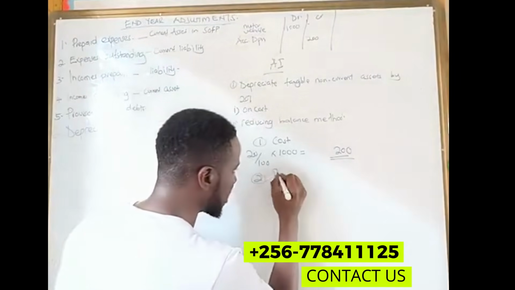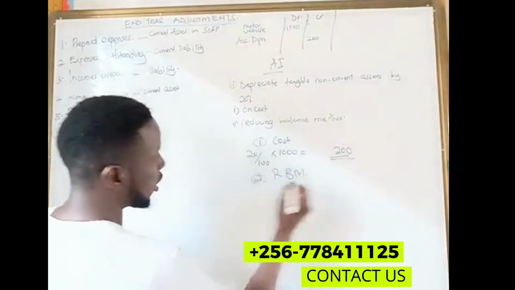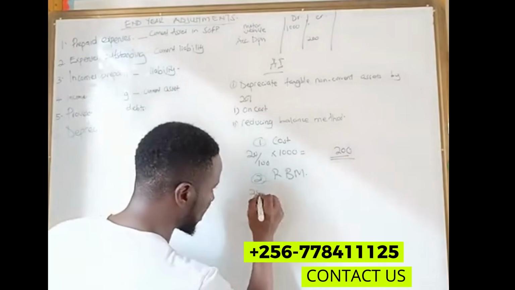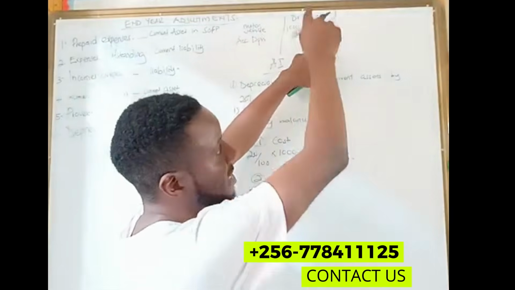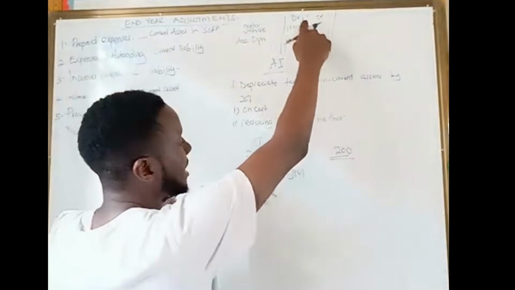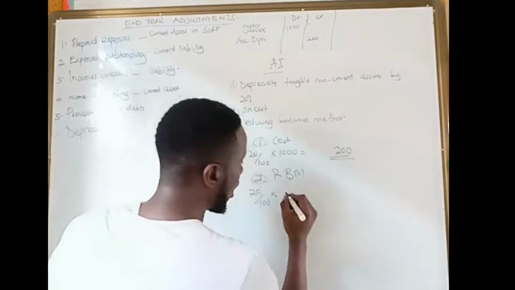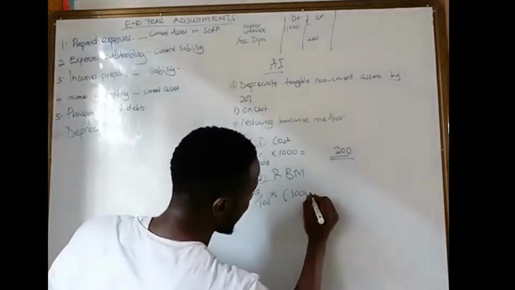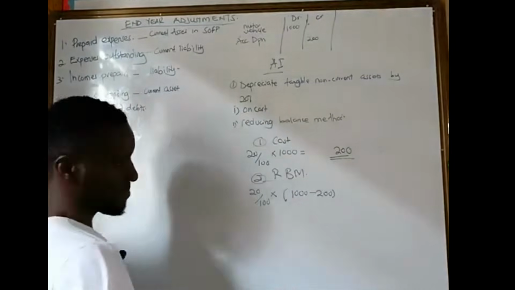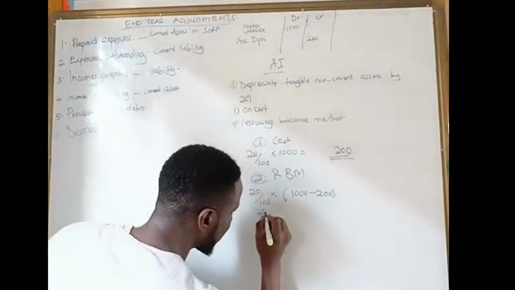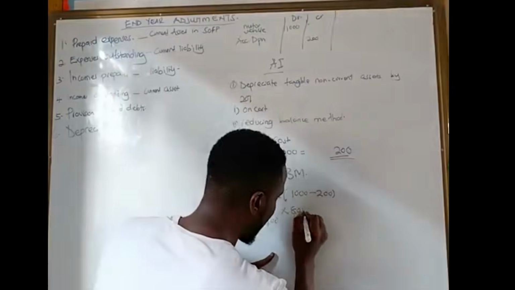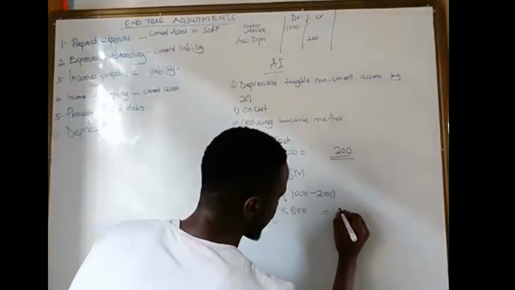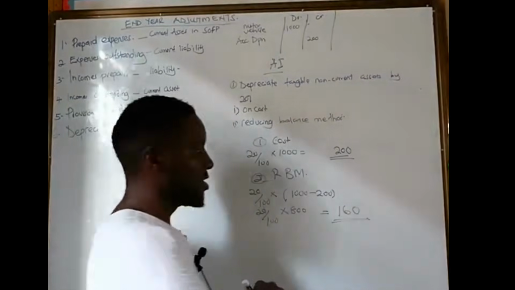Then, on reducing balance method, we shall have 20 over 100 times, remember, we already had an accumulated depreciation of 200. That means this one was for the previous year. What we do, you do 1,000 minus 200. So you have 20 over 100 times, of course, it will be 800. So you will get a total of 160.